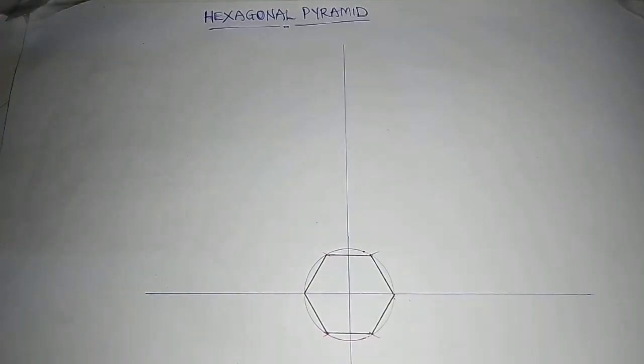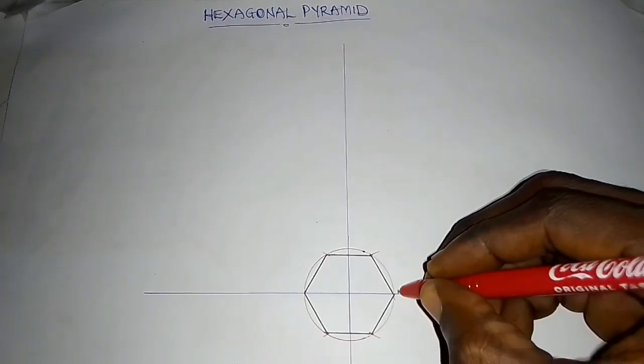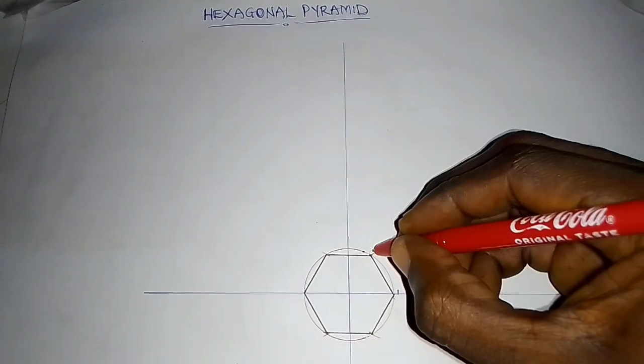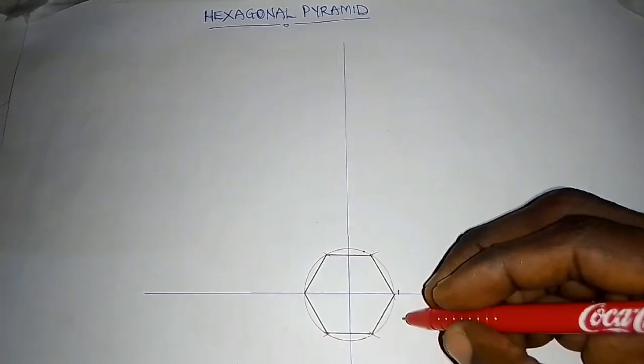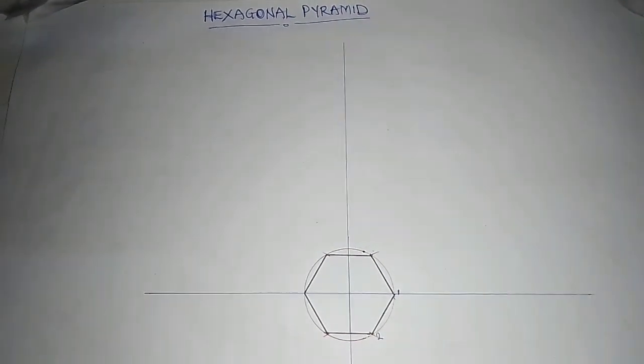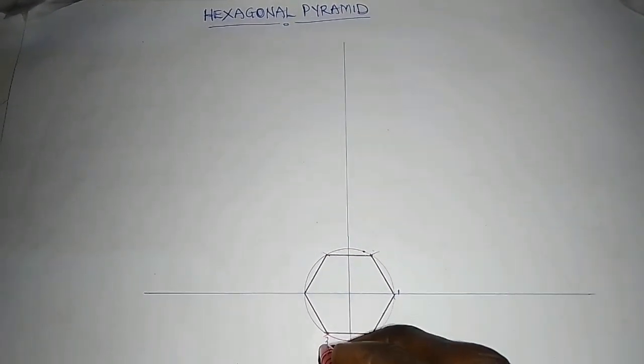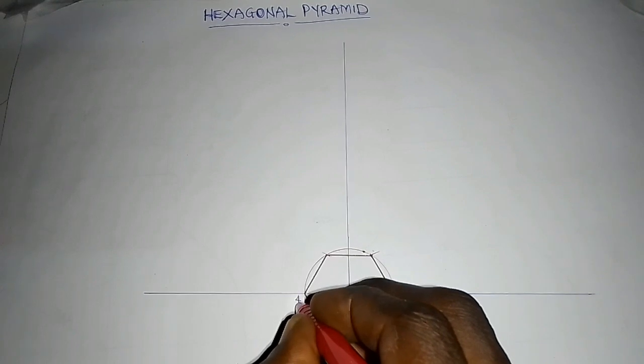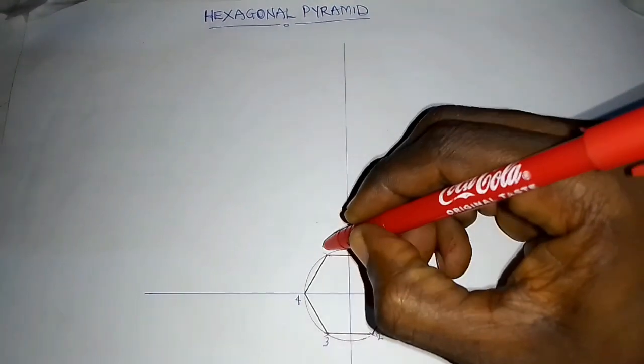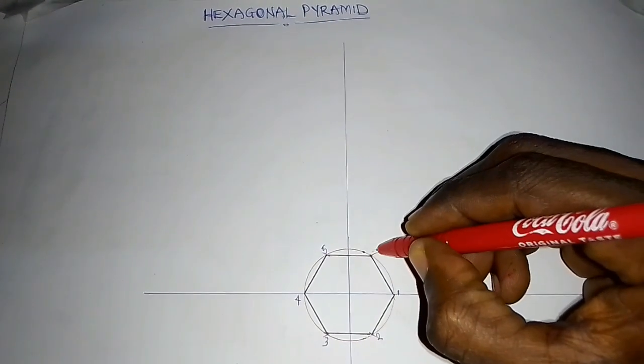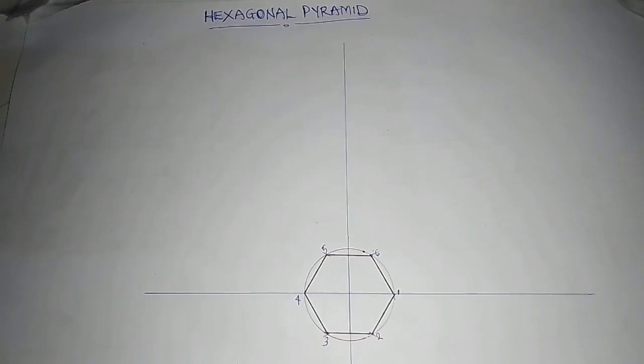So this is my hexagon, which is going to be forming the base of my pyramid. I'm going to number this side 1, this side as 2, we number this as 3, 4, 5, and 6. So the hexagon has 6 sides.